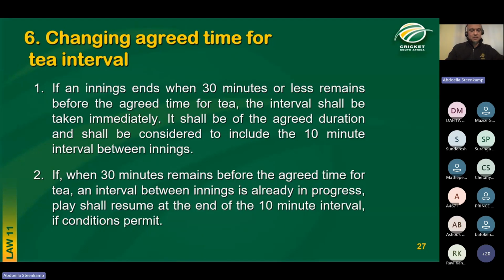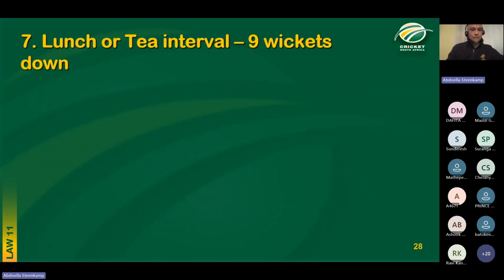No. Point 1 tells us the innings needs to end 30 minutes or less before tea. In this example, the innings ended 35 minutes to tea. So now we will take a change of innings interval from 14:25 until 14:35, and we will then play up until 3 o'clock and take tea at 3 o'clock.